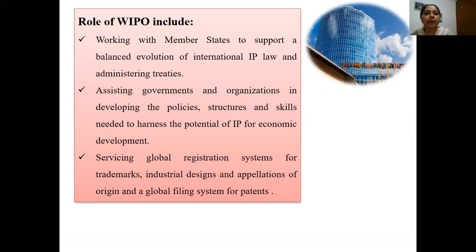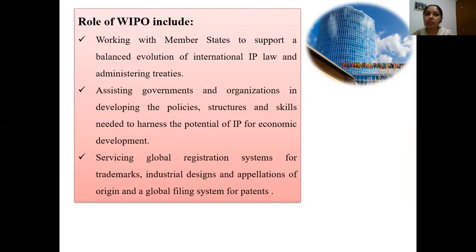The role of WIPO includes working with member states to support a balanced evolution of international IP law and administering treaties, assisting governments and organizations in developing the policies, structures, and skills needed to harness the potential of IP for economic development, and servicing the global registration systems for industrial designs and trademarks, and the global filing system for patents.